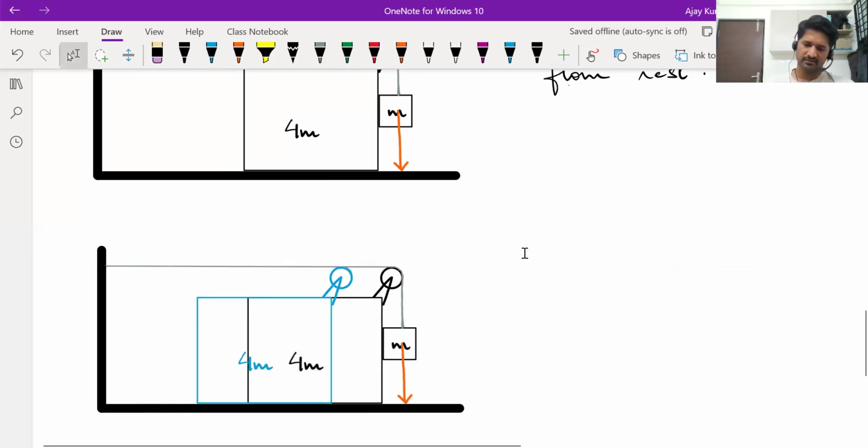Then by then the block would have, I mean, if the string remains vertical, if the part of the string connected to the block remains vertical, then this is what should happen. Yes or no?